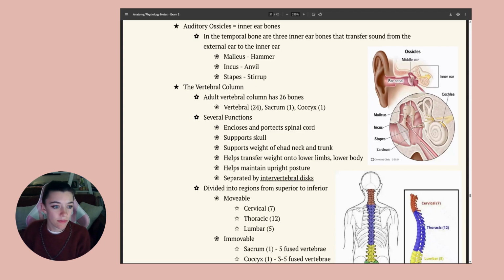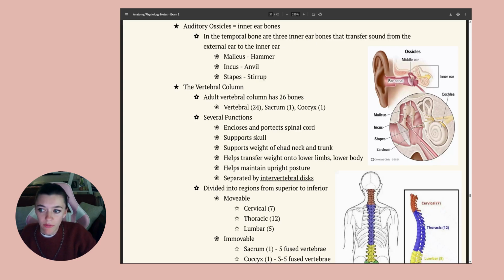Your malleus is going to be the hammer. That's going to be the very first bone, the closest to the outside. It sort of looks like a hammer. It's straight, and then it's got a bigger thing on the end. And then you've got your anvil, which is your incus. That sort of looks like an anvil, but I don't quite see it. And lastly is your stapes, which looks like a stirrup.